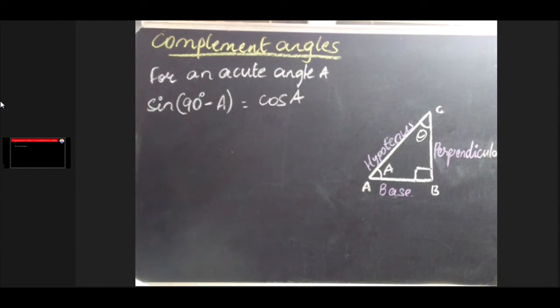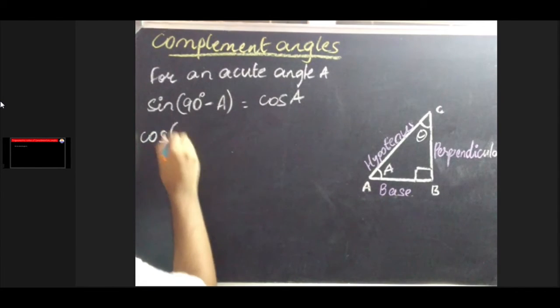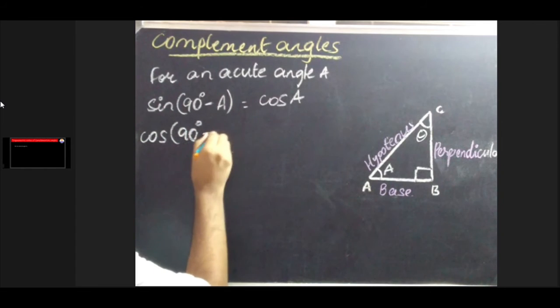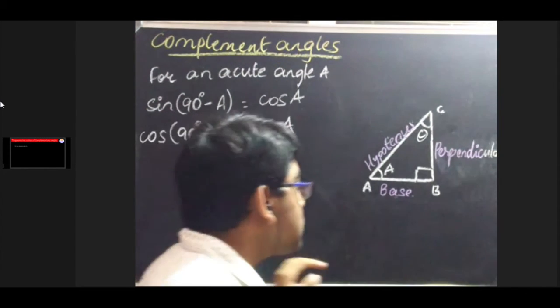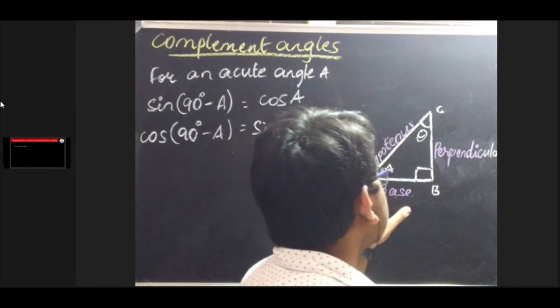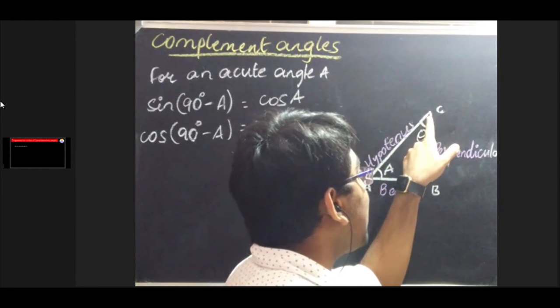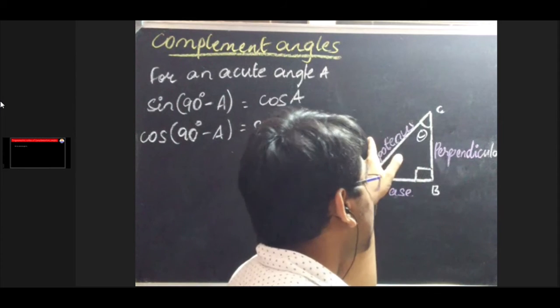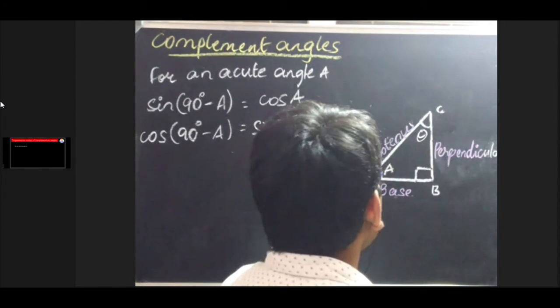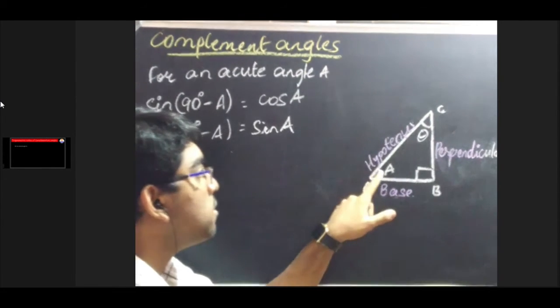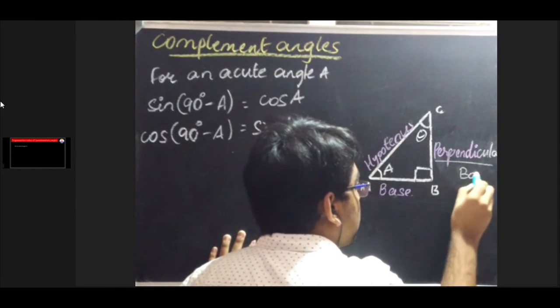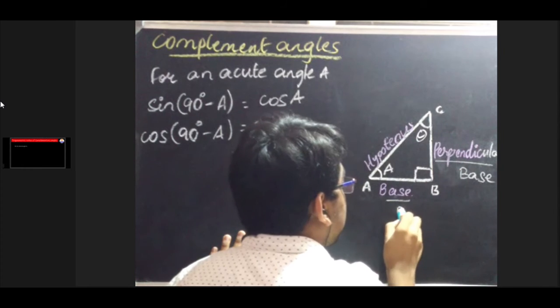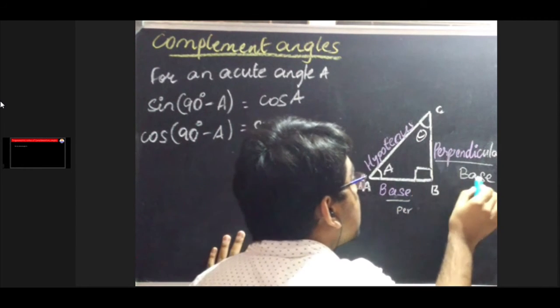Next, cos 90 minus A is given as sine A. Why is it? 90 minus A will be this angle. For this angle, cos will be base by hypotenuse, since for this angle this becomes the base and this becomes the perpendicular.